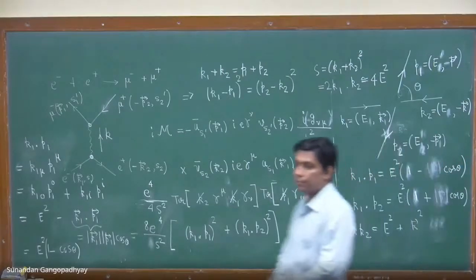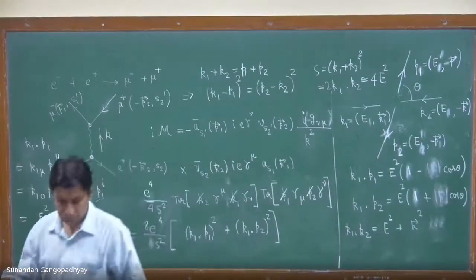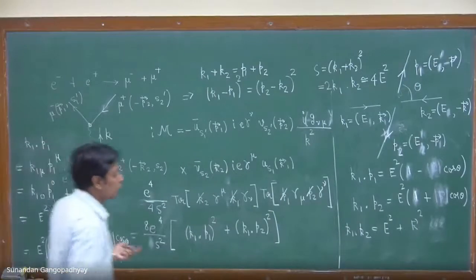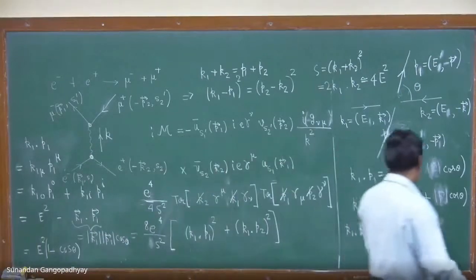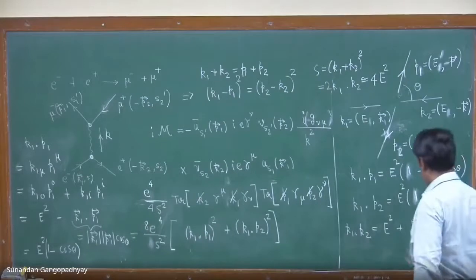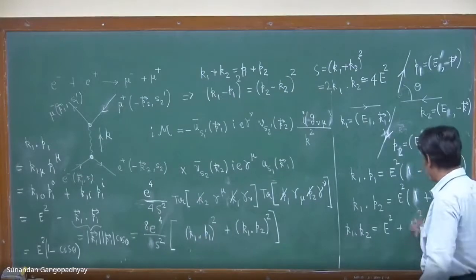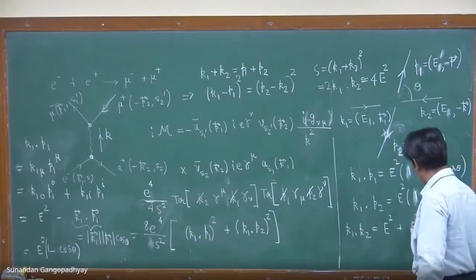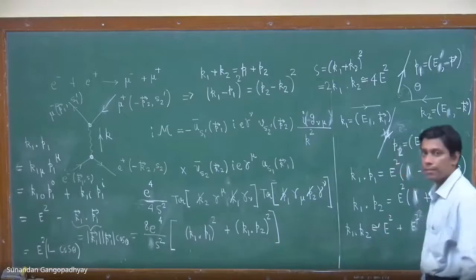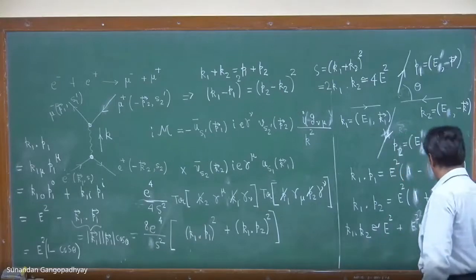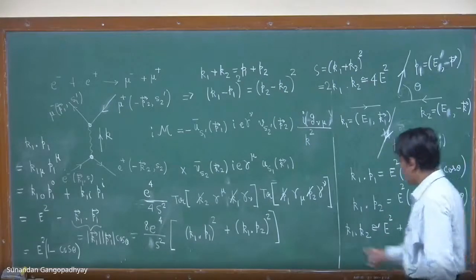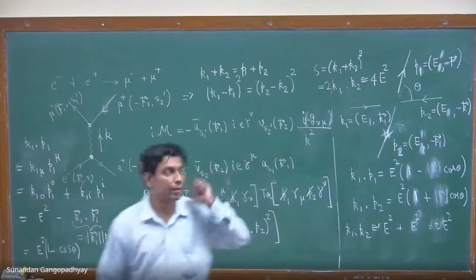So this will give you K vector square, so this is a minus. But what is K vector square? It is approximately E square, neglecting the rest mass of the electron. So this is 2E square. So K1 dot K2 is 2E square.